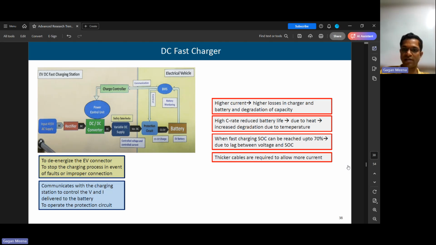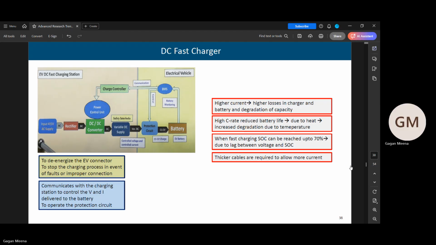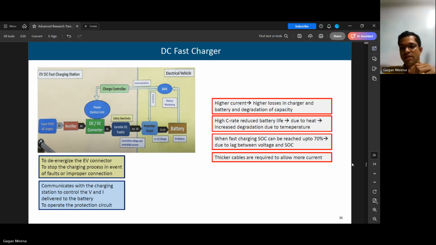And when fast charging, SOC is reached only up to 70 to 80% due to the lag between voltage and SOC. Because of this lag, the SOC reaches only up to 70%.